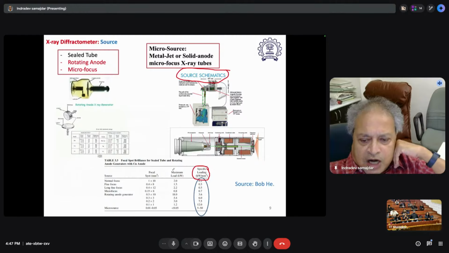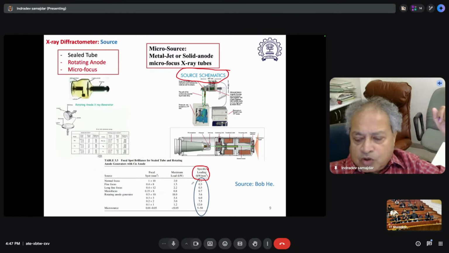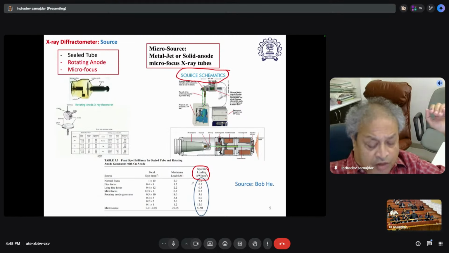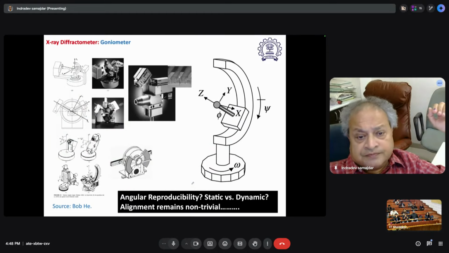More than the kilowatt, focal spot is of course important, but this beam loading is important. Micro source gives you one of the highest beam loading, but only at a small point. That's all I wanted to talk about the sources.